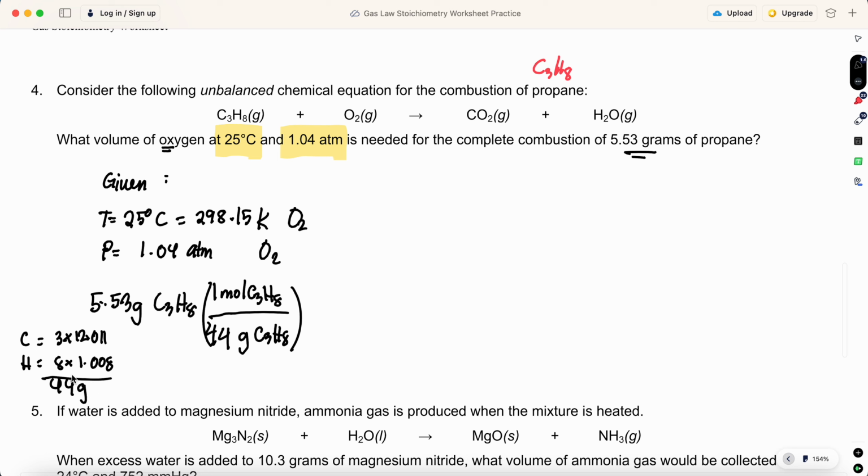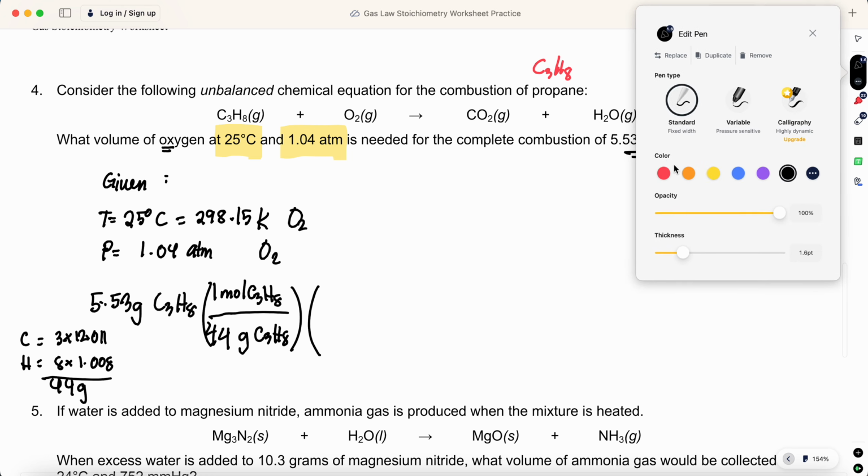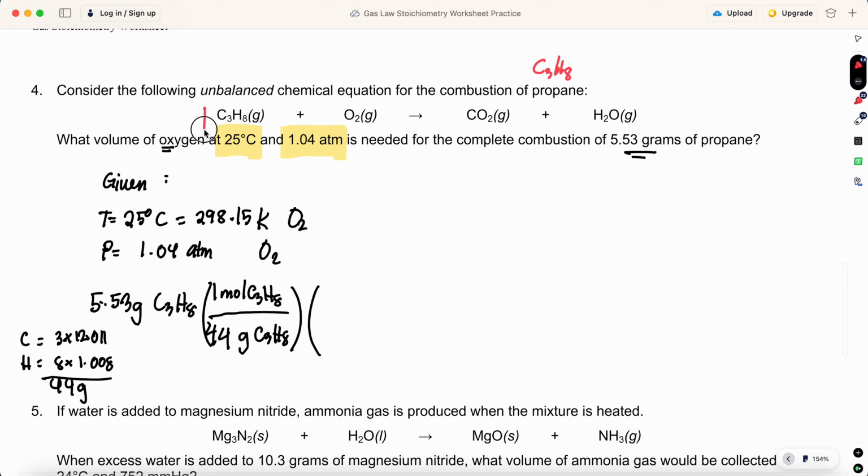Hopefully you will have 44 grams. Then we use the mole from our balanced equation. So is this a balanced equation? Not yet, right? So the balanced equation should be this is 1, 3, 4, and this is 5.